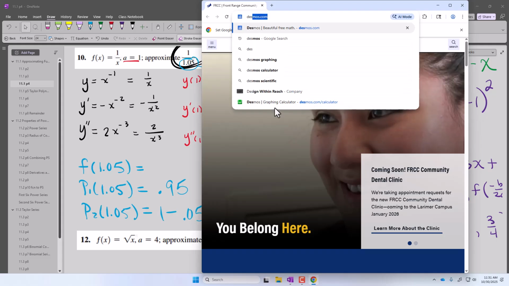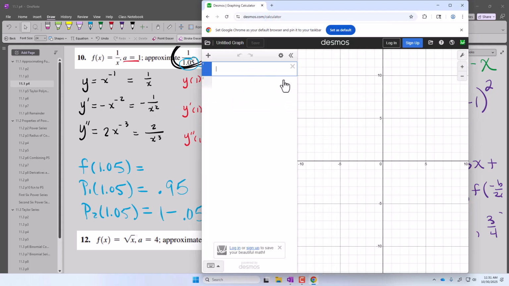0.9525. So I'll do them all right here, then we can just copy them over. So 1 divided by 1.05 is that. And then we have the 0.95, put it there.